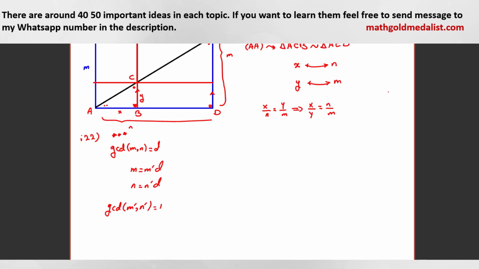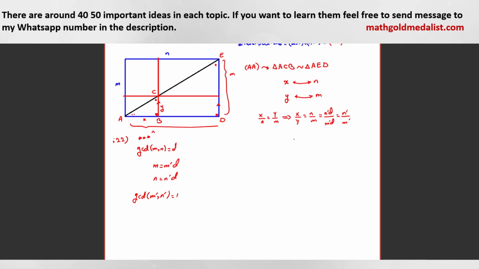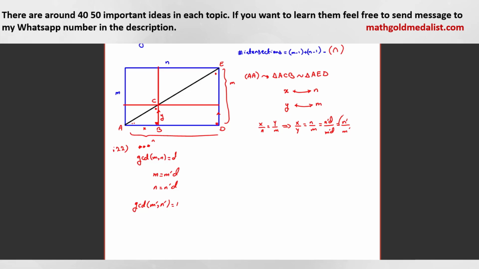Now here, I can say n is n prime d, m is m prime d. So n prime over m prime is the simplest form. So x over y should be equal to this simplest form fraction.